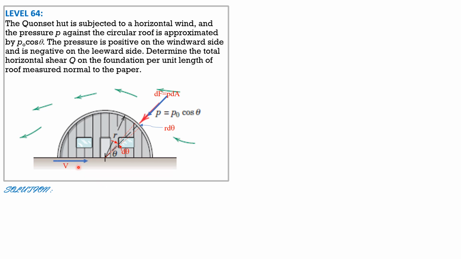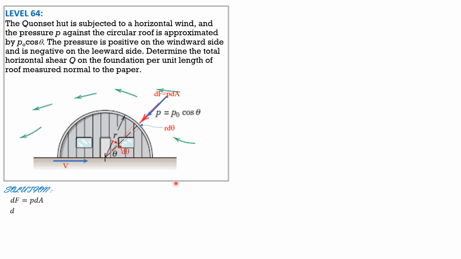So this is the shear, which is equal to Q, and this is the horizontal component of the force after we evaluate F. Then it is F cosine theta, but we have to evaluate the integral of dF.